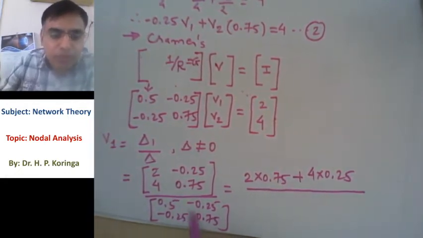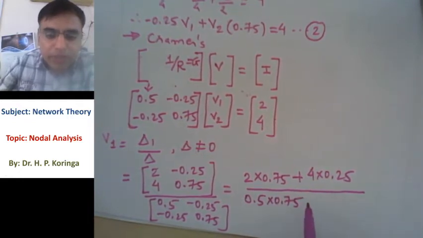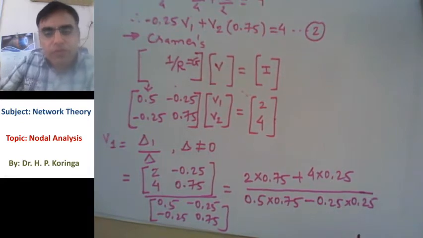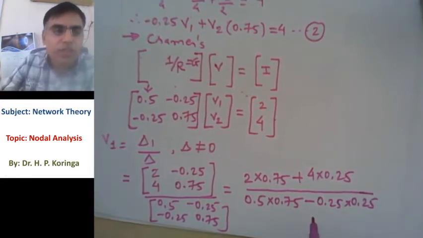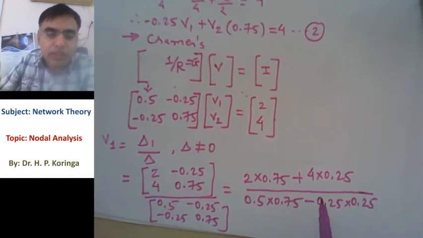So delta is 0.5 multiplied by 0.75, minus 0.25 multiplied by 0.25. In the denominator it is the delta value, and the numerator answer is the delta 1 answer.